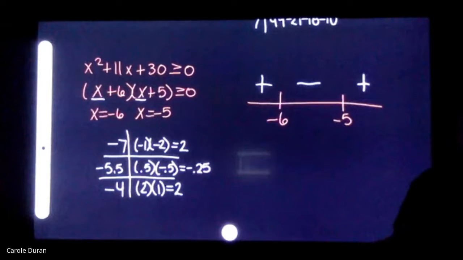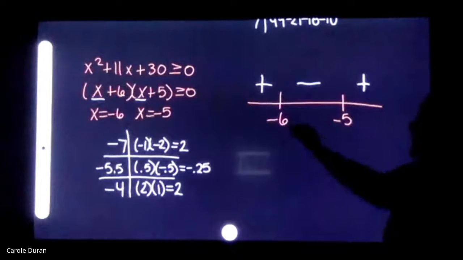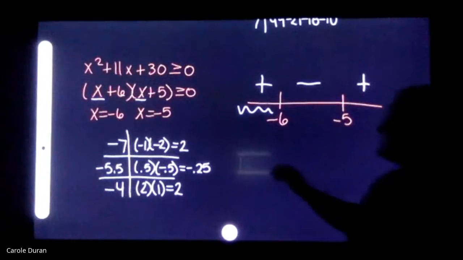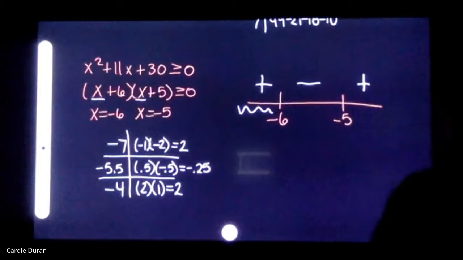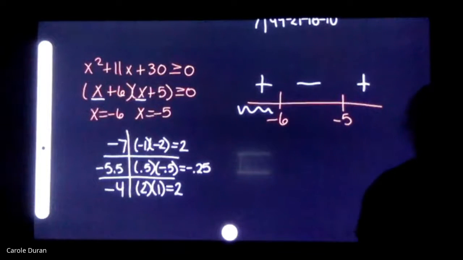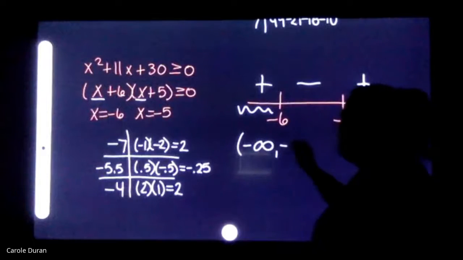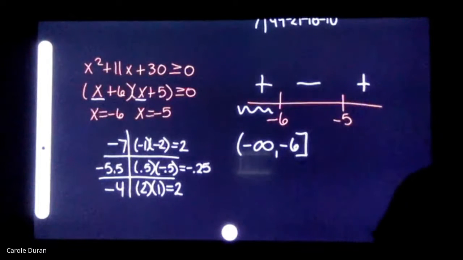Okay, so the first interval that worked is -infinity to -6. We always put a soft bracket or a parenthesis on infinities because it's not a quantifiable value, and we don't know what the number infinity is. So this interval is -infinity to -6, and -6 needs to have a hard bracket because that's a double inequality.